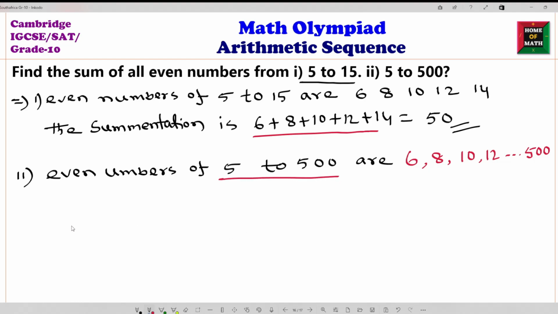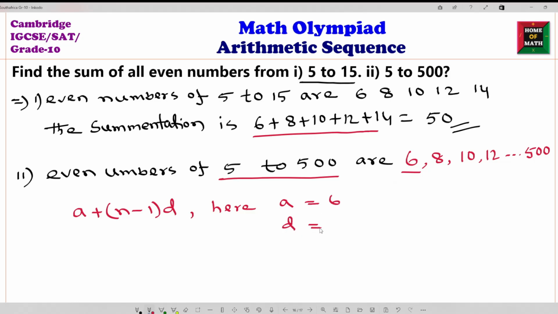In this case we have to use the arithmetic sequence formula: a plus n minus 1 times d. How? Here a equals the first term, 6.